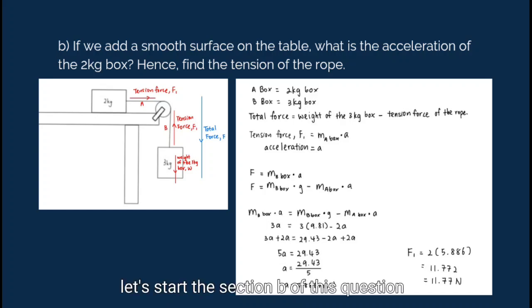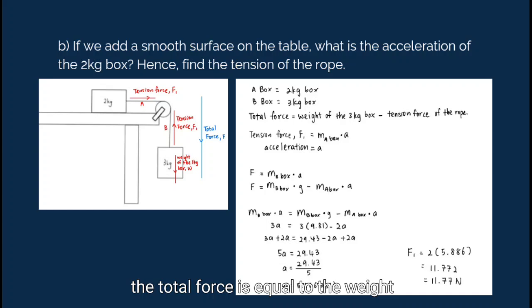Let's start section B of this question. If we add a smooth surface on the table, what is the acceleration of the 2 kg box? Hence, find the tension of the rope. First of all, let's mark the 2 kg box as A box and the 3 kg box as B box.